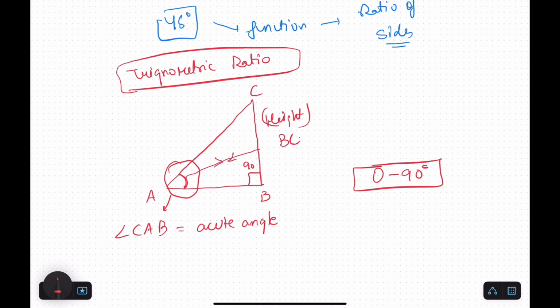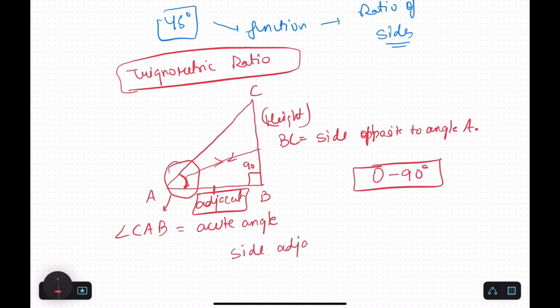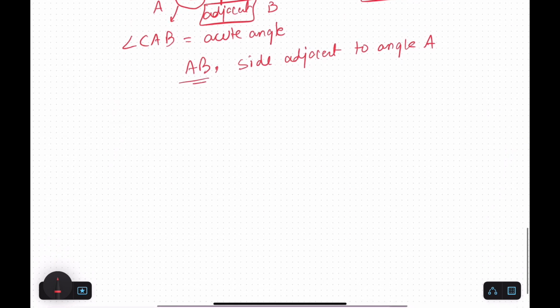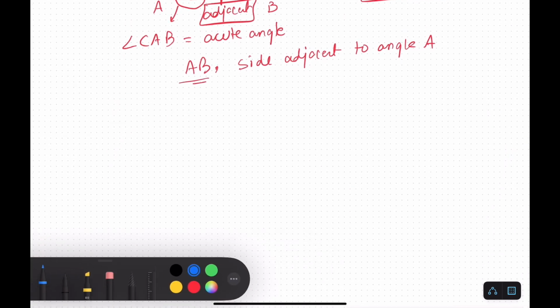So this side BC is the side opposite to angle A. And if you look closely, this side AB is adjacent, at the very side of it. So AB is the side adjacent to angle A.